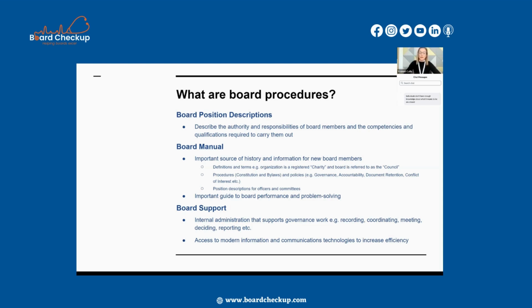They can include things like definitions and terms, procedures, and key policies: governance, accountability, document retention, conflicts of interest. Again, they may vary by what's required by jurisdiction, and then those position descriptions. Having one doesn't assume that people are aware of them and that they have read them, but they are important as a guide for the board, especially when there are issues before it that it needs to deliberate.